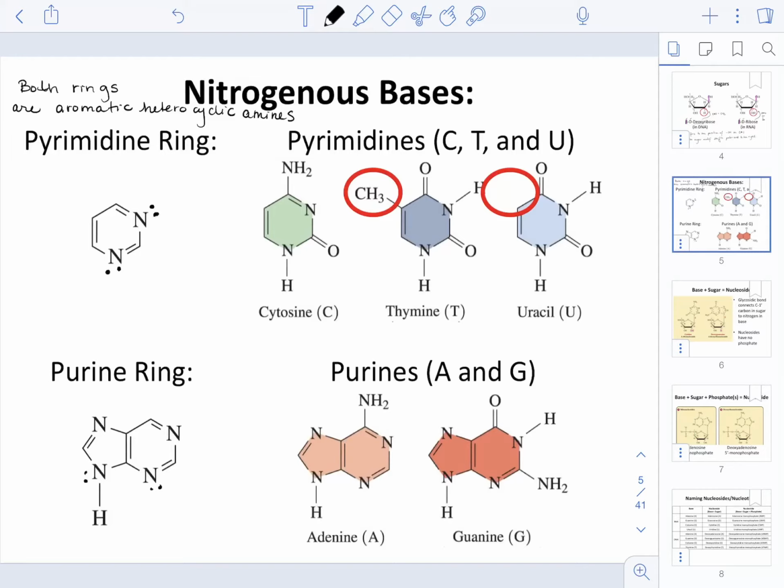Because they have those chemical features in them, nitrogenous bases are hydrophobic. And later in the lecture series, we're going to be observing how that influences the structure that these nucleic acids adopt.